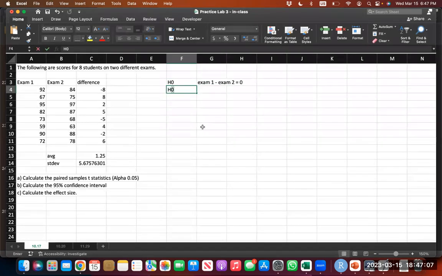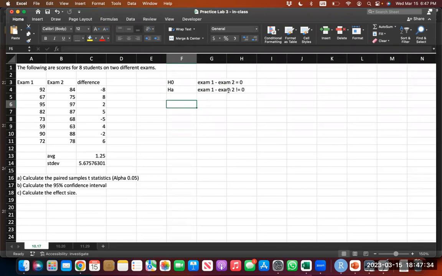HA is exam 1 minus exam 2 is unequal to 0. So that's how you would phrase your null and the alternative hypothesis.